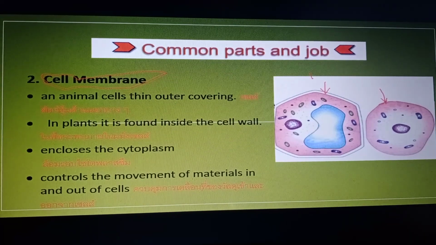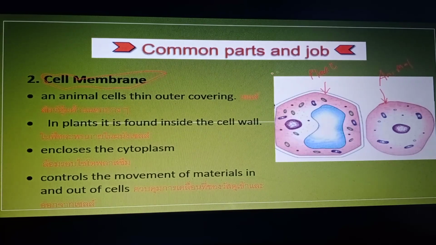This is your simple plant cell, and this one is your simple animal cell. Just try to observe, as I said earlier, that the plant cell is quite bigger than the animal cell.